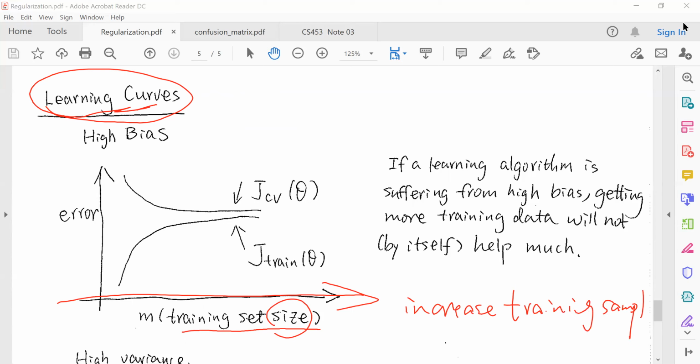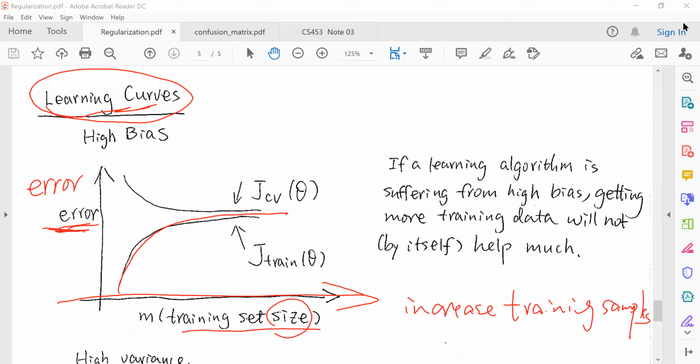The y-axis is the error rate. Here you describe the training error and the validation error.